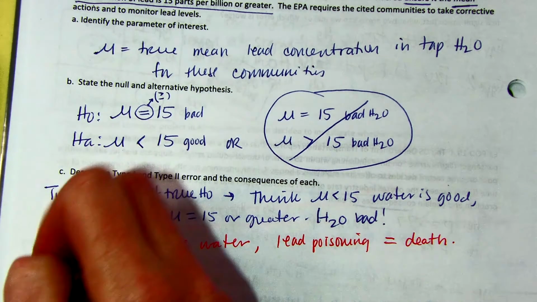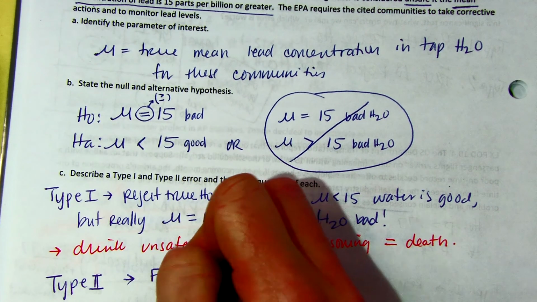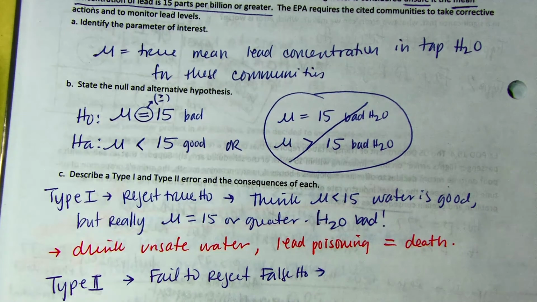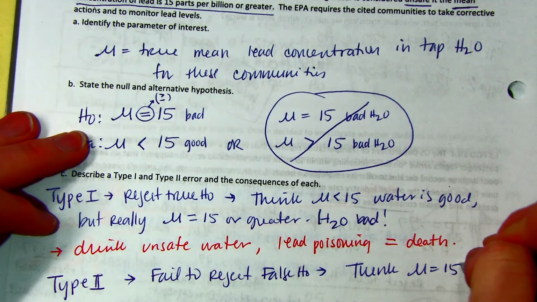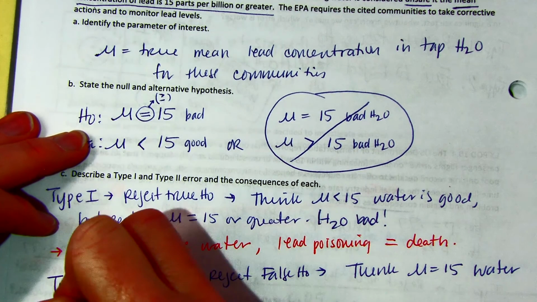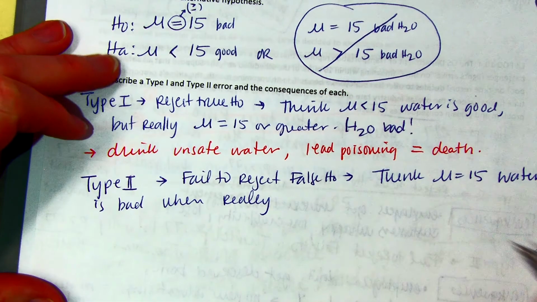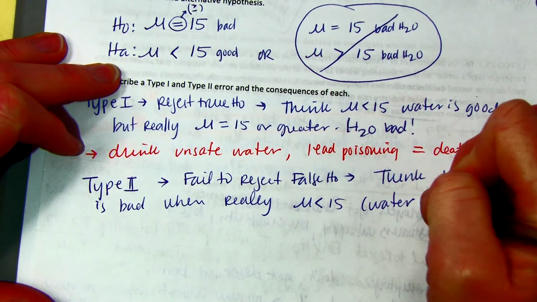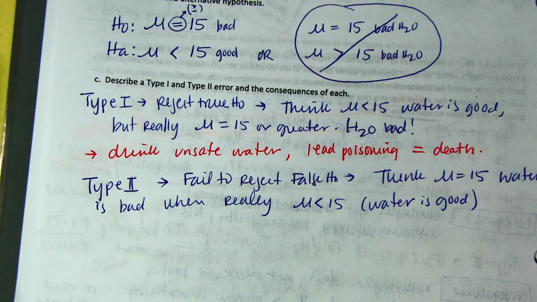Type 2 error. This means fail to reject a false null. So we fail to reject the null. We think that mu is equal to 15, that the water is bad, when really the mean is less than 15, meaning the water is good. So we think the water is bad when really the water is good. Okay, so this is again kind of a lost opportunity.